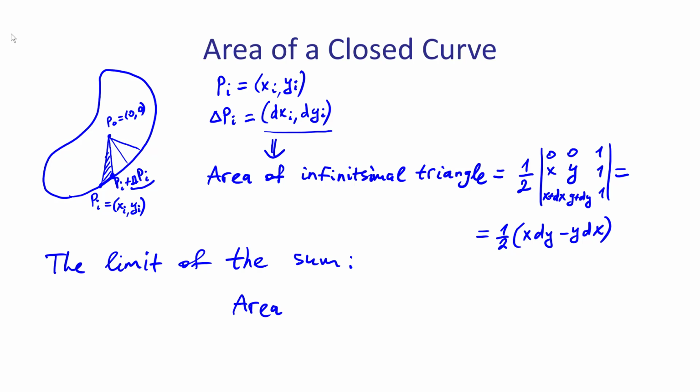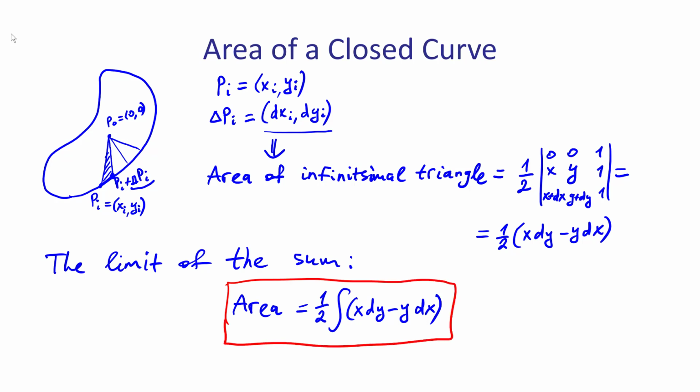So area is 1/2, which is a constant coming out of the integral, multiplied by the integral of the expression that we have, x dy minus y dx. And this is essentially the area formula for any closed curve.